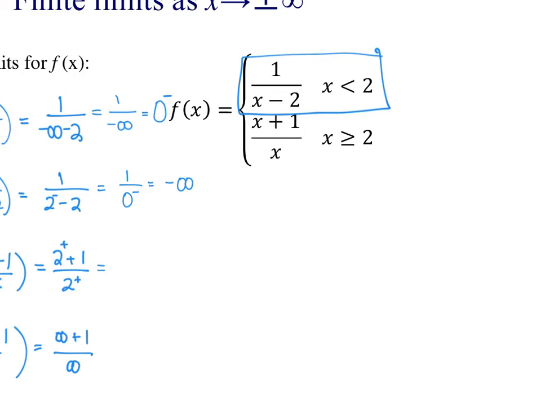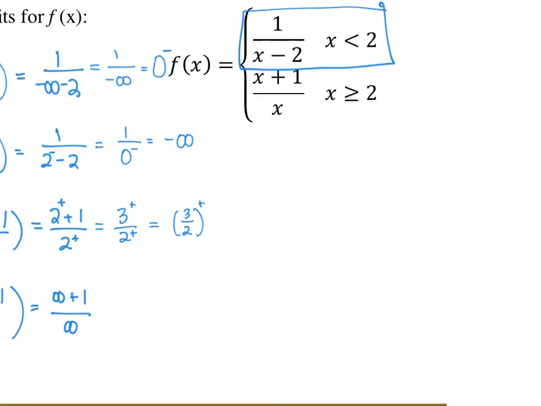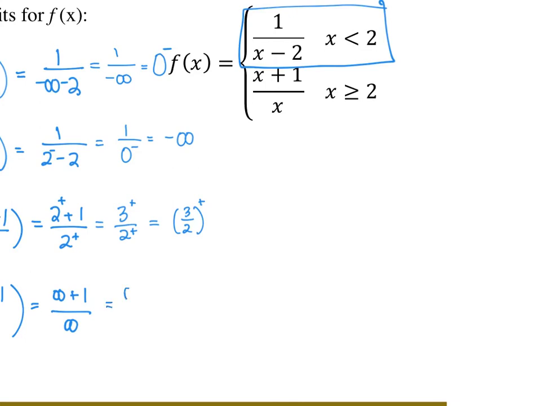For the next one, 2 plus 1 is 3 plus over 2 plus. That's 3 halves, 3 over 2 plus. That's just a constant number. And for the last one, I'll have infinity over infinity. So this is the only one of all four that was actually an indeterminate.